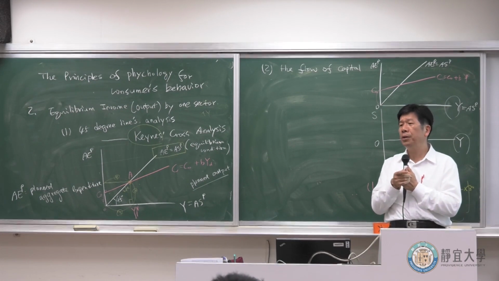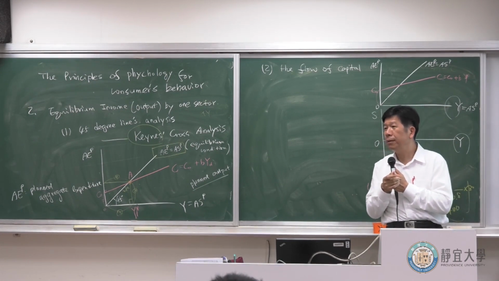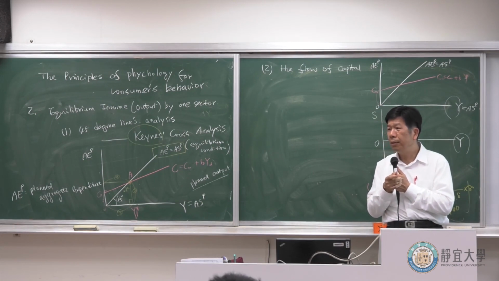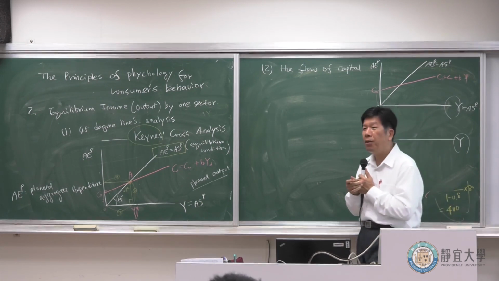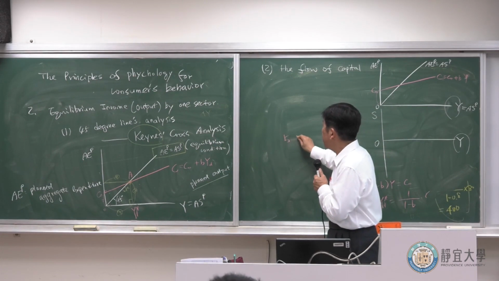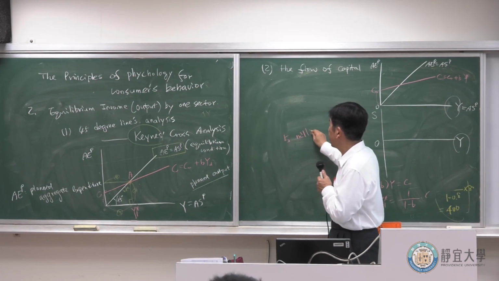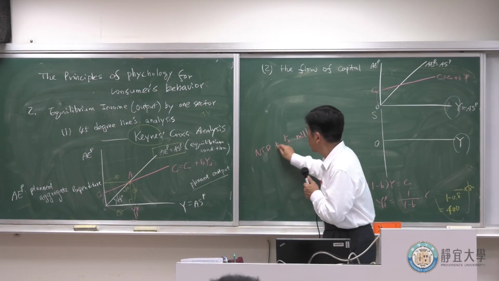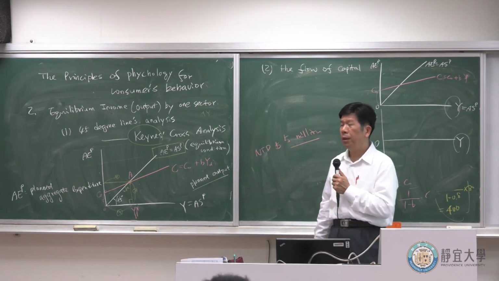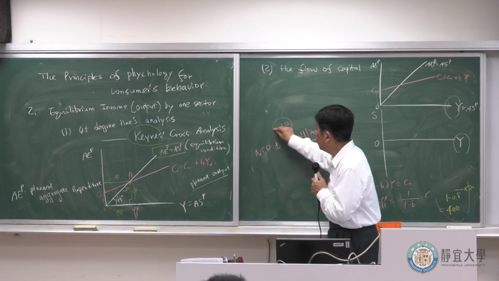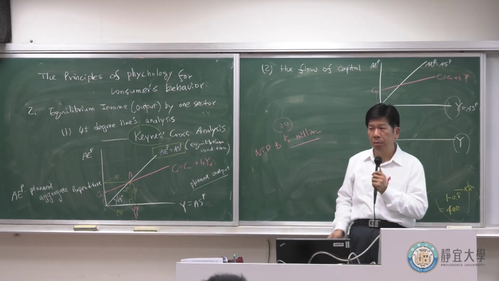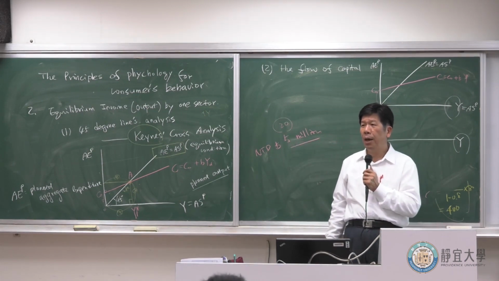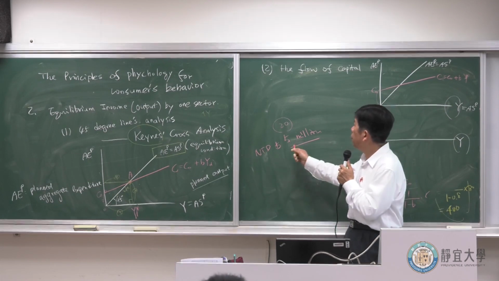Do you know how much you spent during these 20 years? How much? In Taiwan, 5 million NT dollars before 20 years old. Actually, you already spent 5 million.